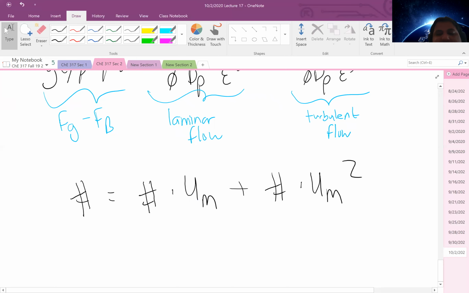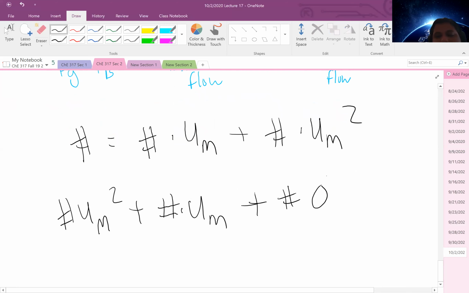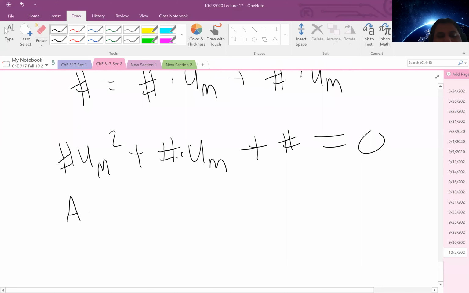So in order to solve this, you have to put it in this form: A times UM squared plus B times UM plus C equals 0.